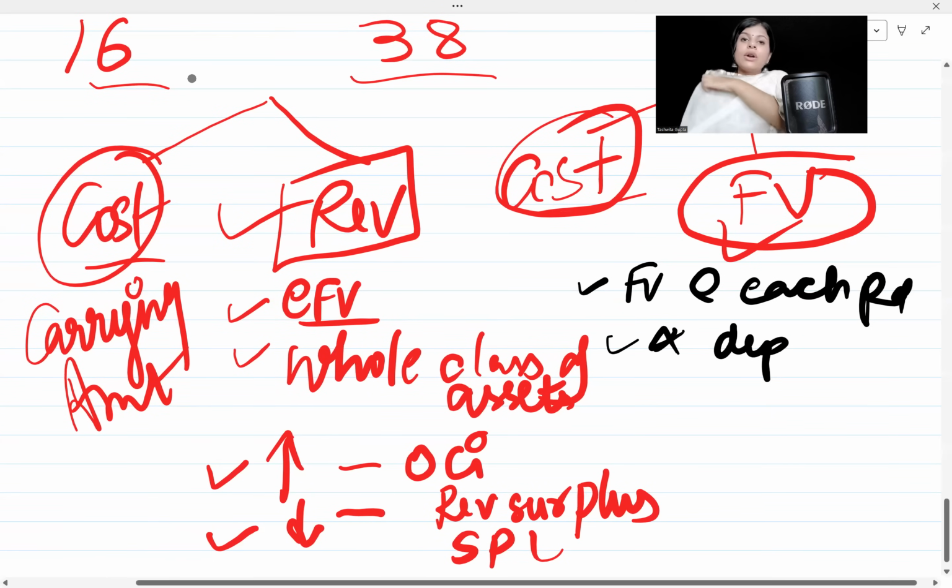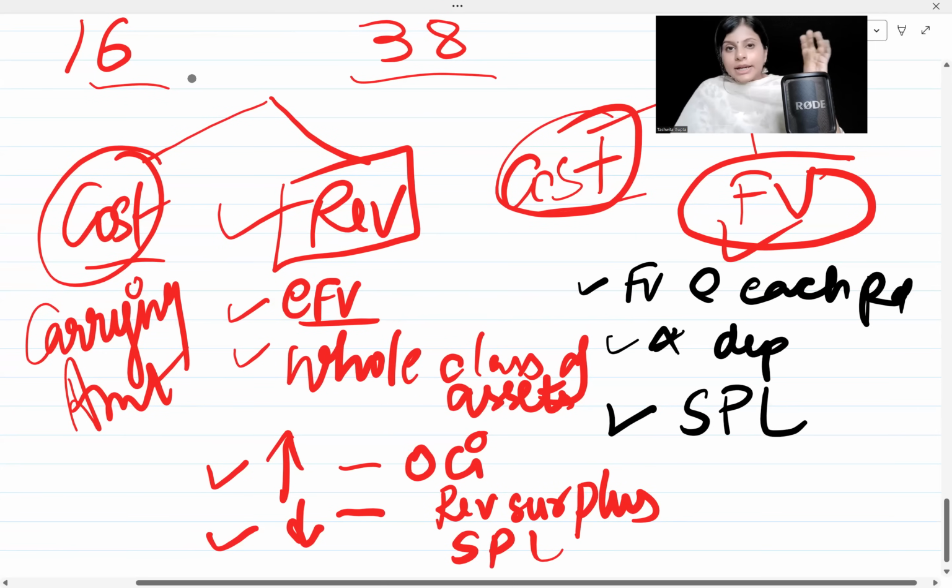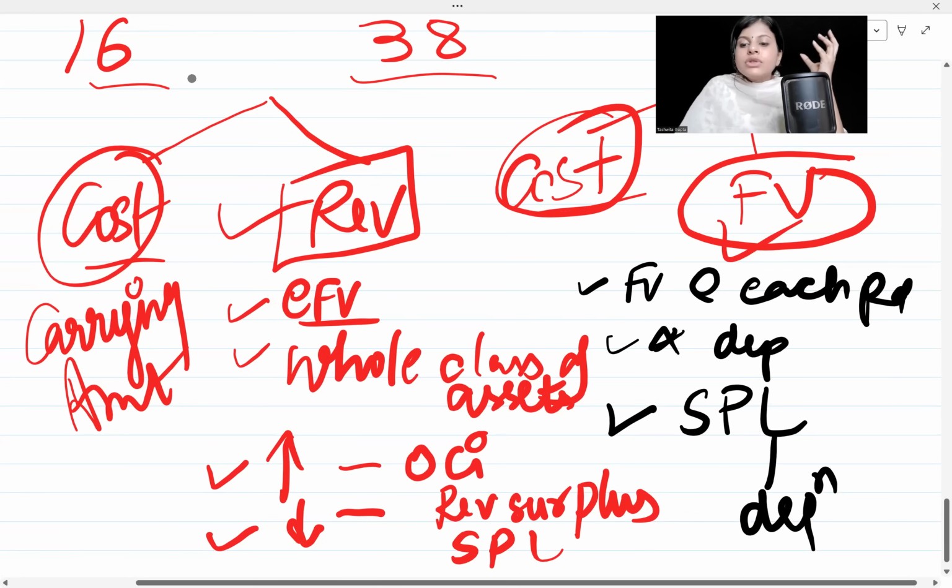We all understand this. And that fair value gain or loss will also go through the statement of profit and loss. So my investment property is already taken to fair value with the gain or loss being reported in the P&L. So they say there's no need of any depreciation now.